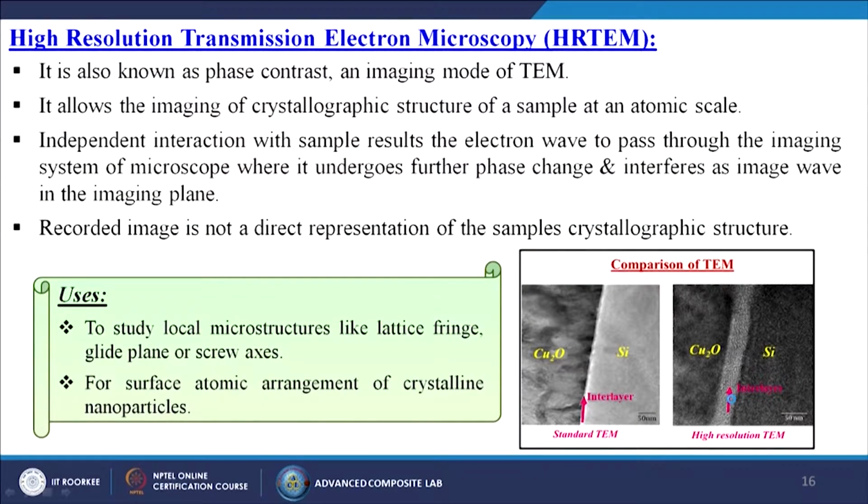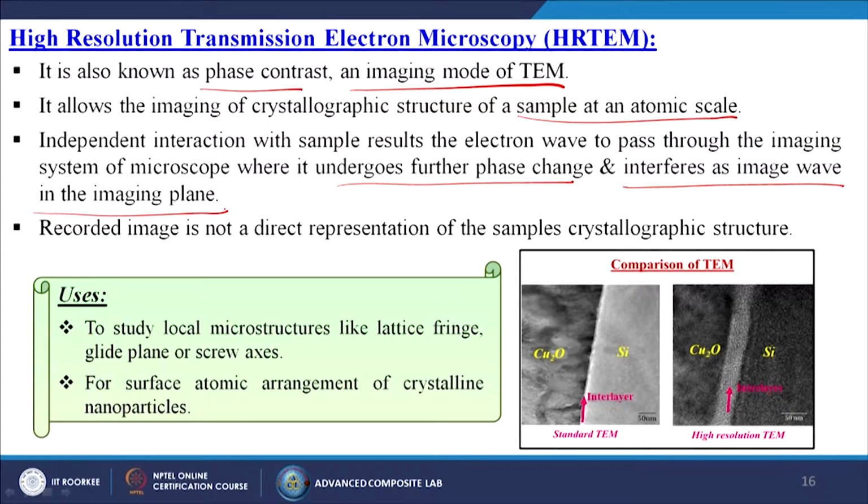Now, we are going to discuss the high resolution transmission electron microscopy, which is known as the HRTEM. It is also known as phase contrast and imaging mode of TEM. It allows the imaging of crystallographic structure of a sample at an atomic scale. Independent interactions with the sample result in the electron wave passing through the imaging system of the microscope, where it undergoes further phase change and interferes as an image wave in the imaging plane.